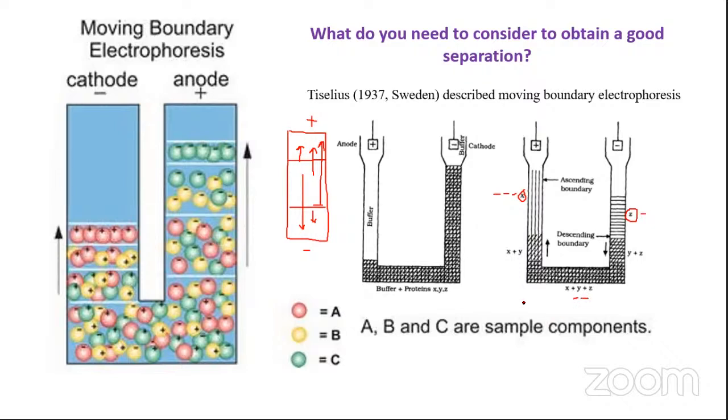Can I do this somehow? So the migration, all the molecules tend to migrate in one direction towards one electrode only.